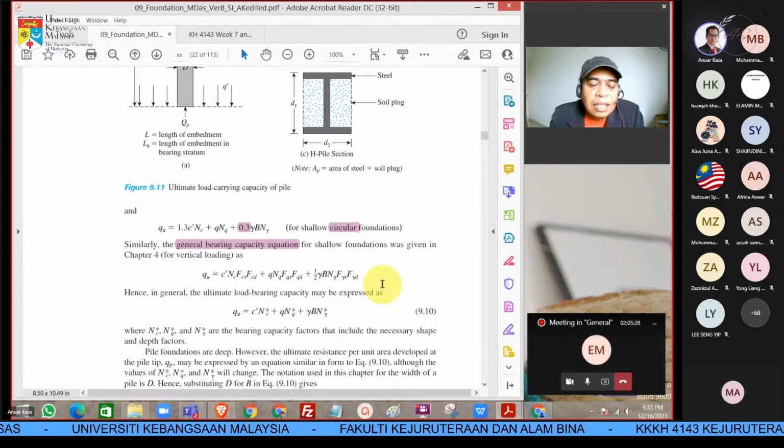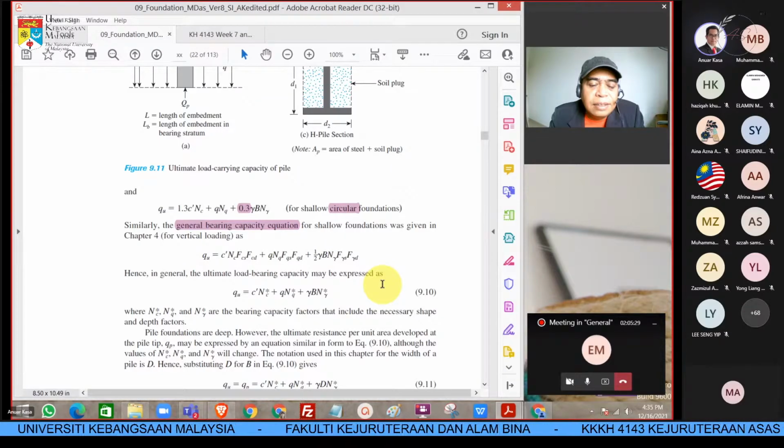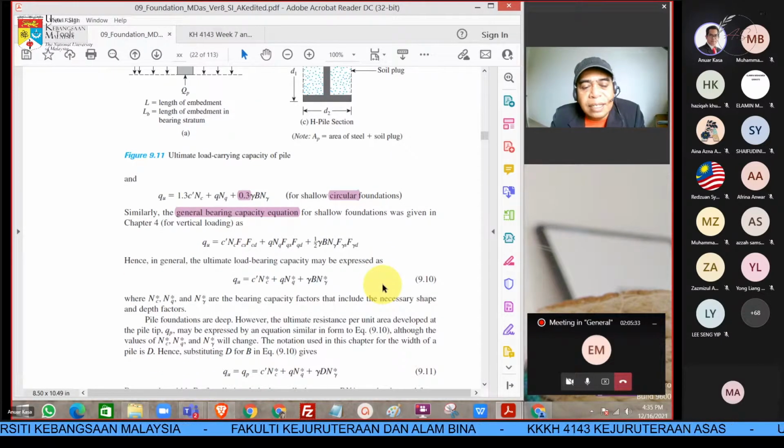And if you still remember, in shallow foundation, there is a general bearing capacity equation, which looks like this one. The ultimate bearing capacity equals this equation, where you need to get the shape factor and so on.